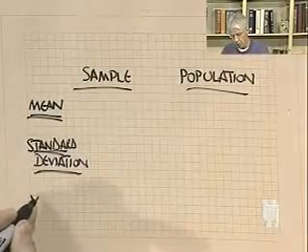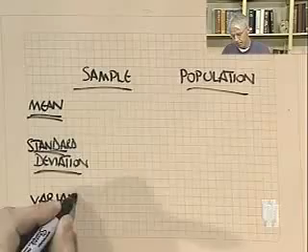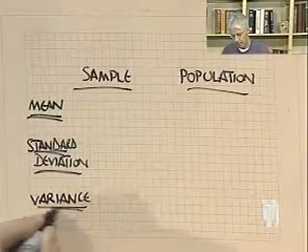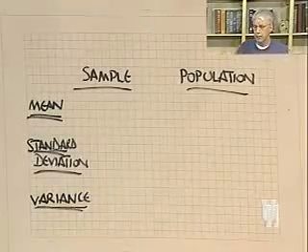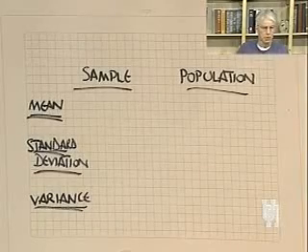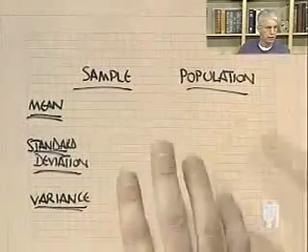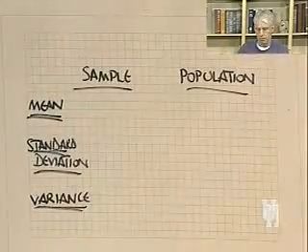And we will also talk about something called variance. Now there is a standard set of notation that denotes each of these parameters.